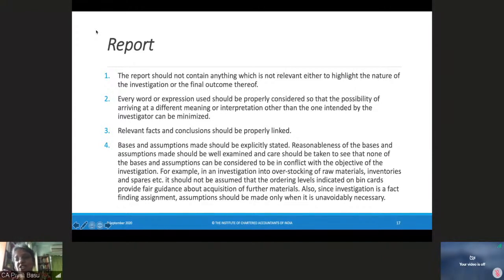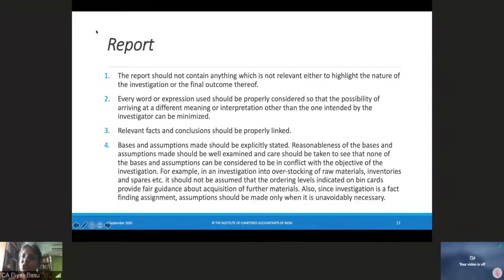Check whether the two reorder levels, the one mentioned in the bin and the one mentioned in the system, are the same. If you identify that they are not the same, then you find out on what basis they are making the requisition: the reorder level in the physical bin or in the system. We can speak for hours on this.